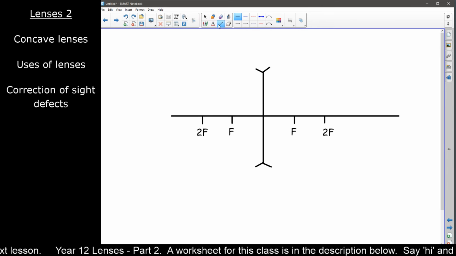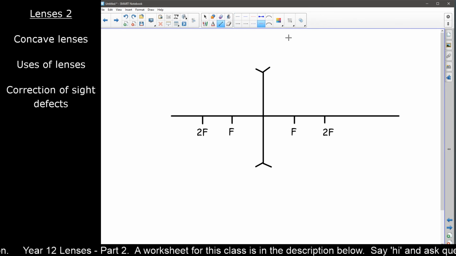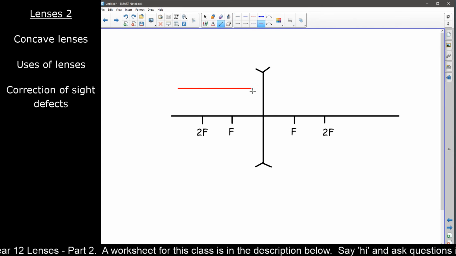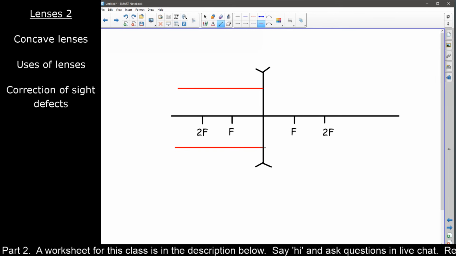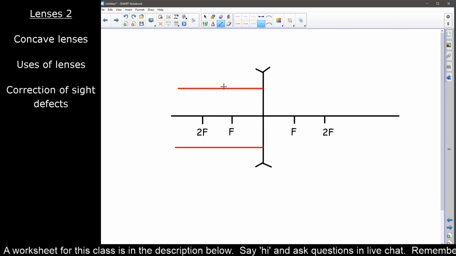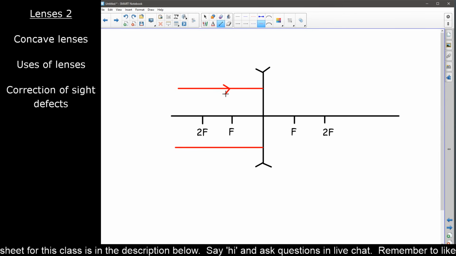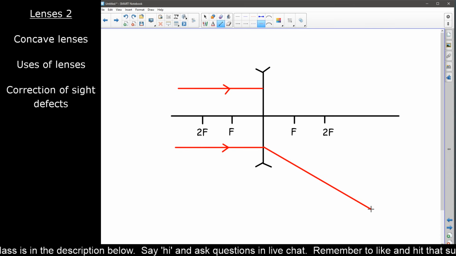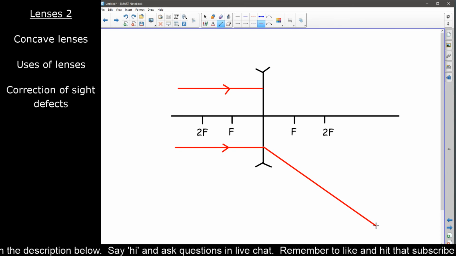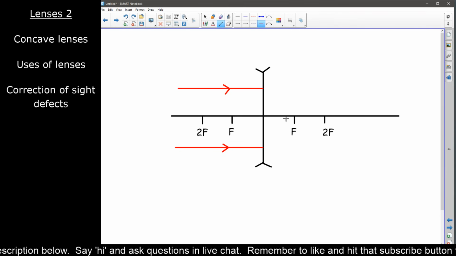All right, so let's imagine that we have parallel rays of light. So getting this down into diagram form, there are two parallel rays of light, and they are going to be divergent. And we want to figure out where they're diverging to. We don't just want to draw random lines. Like I could draw that, I could draw that, I could draw that. Which is it? Okay, so I've been given F, 2F, and whatever's going on here.